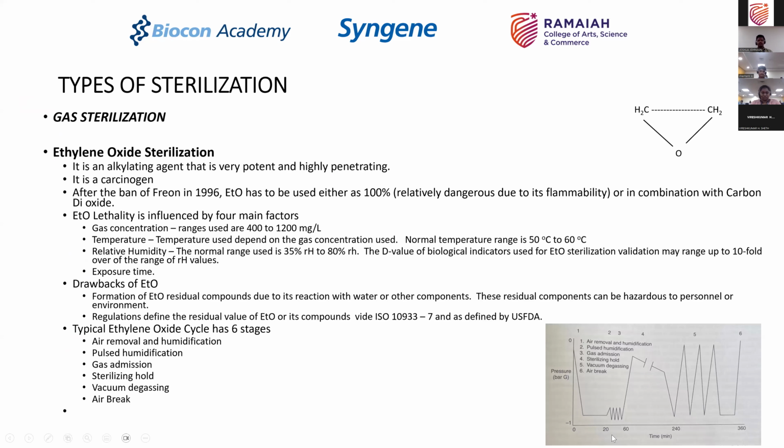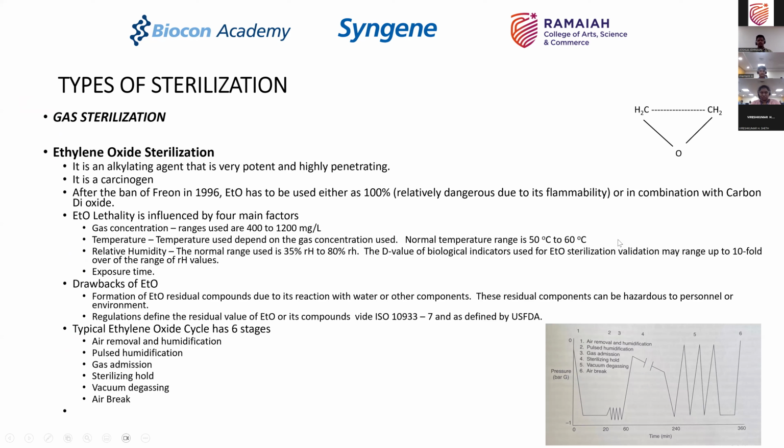Okay. So what you're doing is, in a chamber, just like in your autoclave or a steam sterilizer, you are removing the air first, right? Now, when you remove the air and you are humidifying the chamber, because you have to create the right amount of humidity inside the chamber using ethylene oxide.